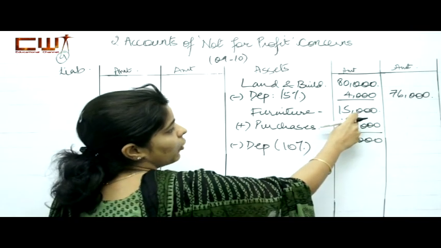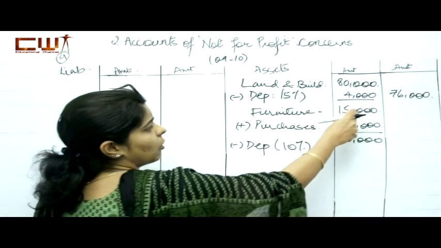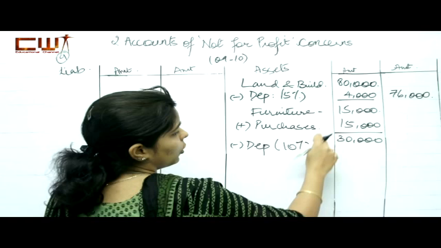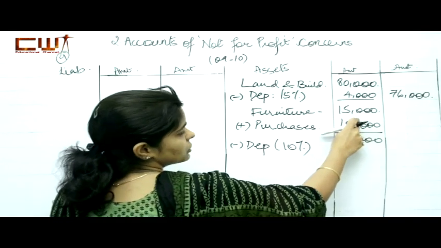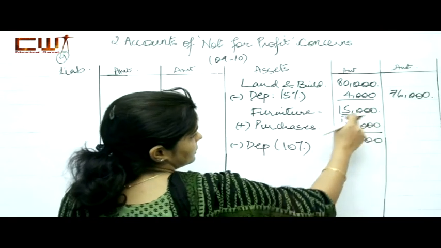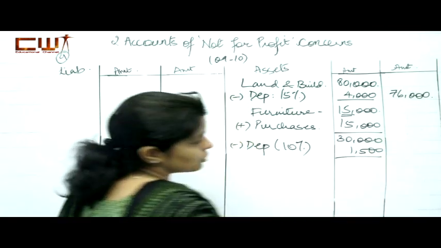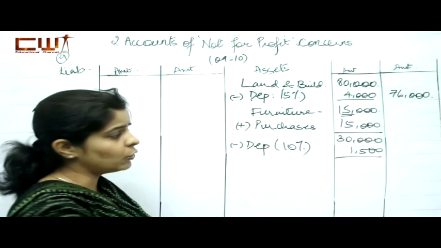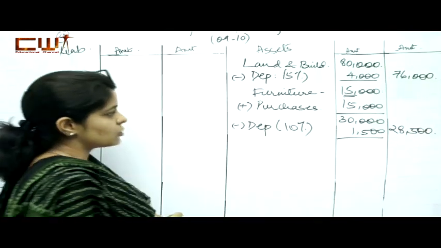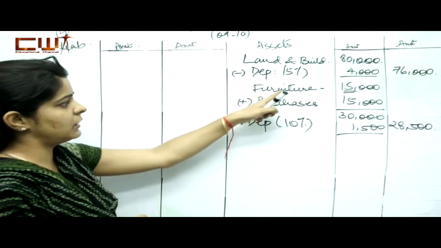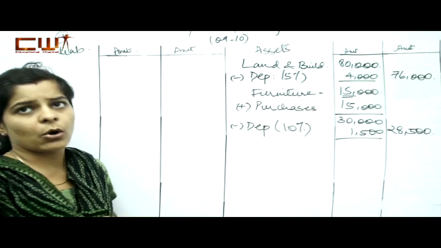It will be provided on 15,000. I've always told you, always provide depreciation on the opening balance, not on the closing balance or on an additional balance. So 10% on 15,000 will give you 1,500. 30,000 minus 1,500 will give you 28,500. So this is the treatment of furniture: furniture plus purchases minus depreciation, with depreciation based on the opening balance.